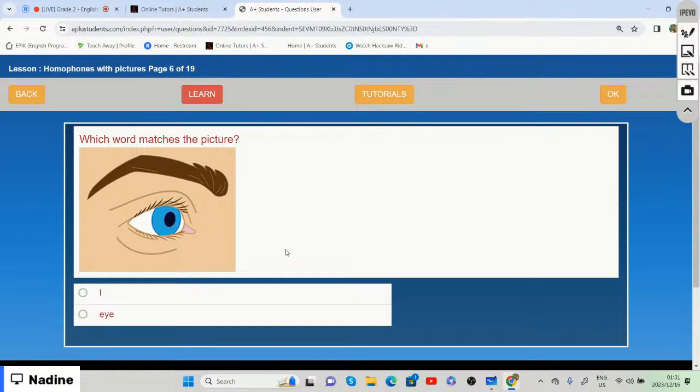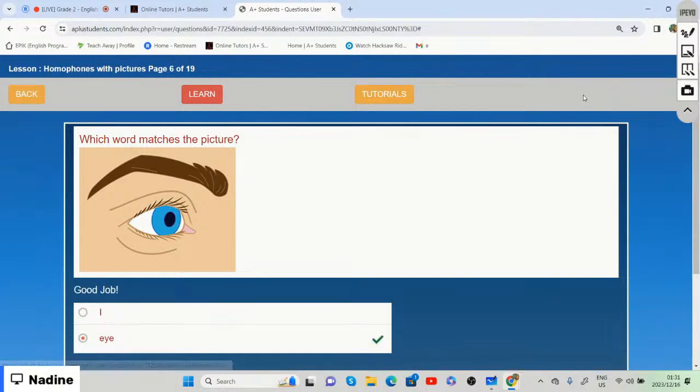All right. So if we choose the word that shows what we see with, what we look with, right? Then we would say it is I, which is the second option. I.